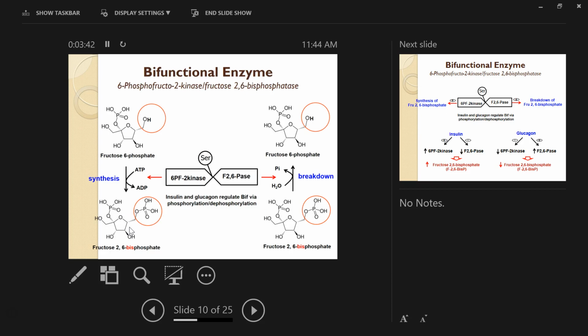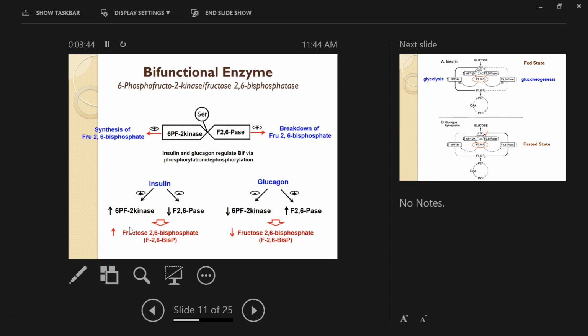So, on this slide, you want to go detailed, and this tells us how insulin and glucagon regulate which bifunctional enzyme activity, increase or decrease, and how the key substrate level is regulated by insulin and glucagon.